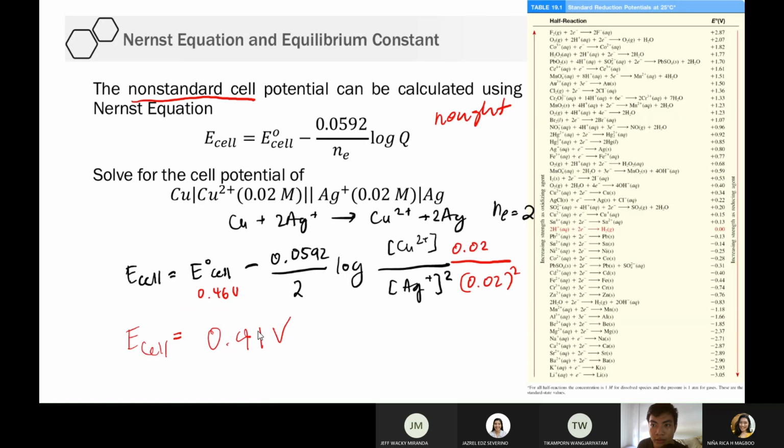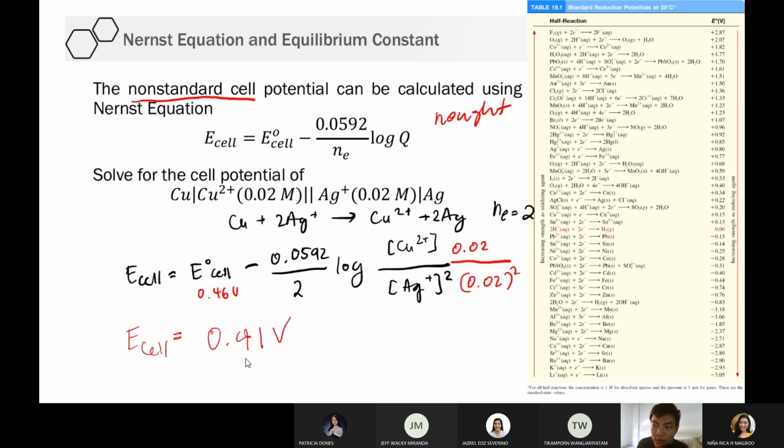That means this is what our pH meter and glucometer are doing. What they actually solve for is the E cell. The E naught cell is already programmed in the software of those devices, so they know the E naught cell already, and what they are looking for is the E cell. They determine the voltage transmitted by the solution.